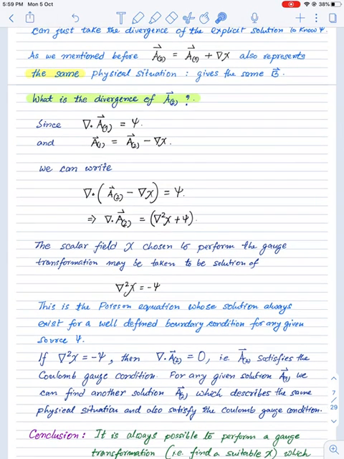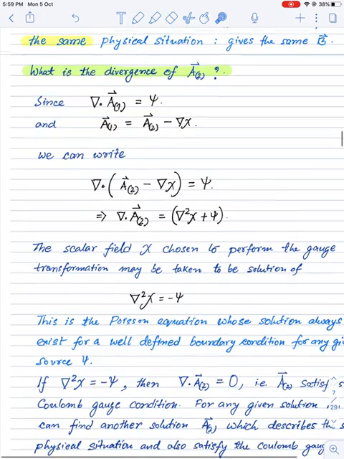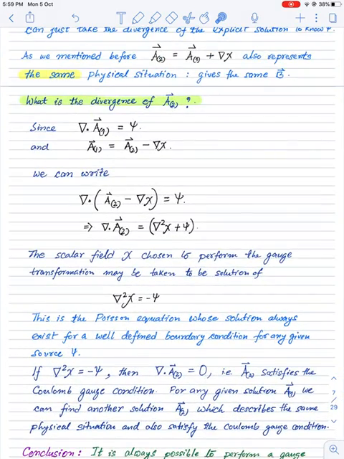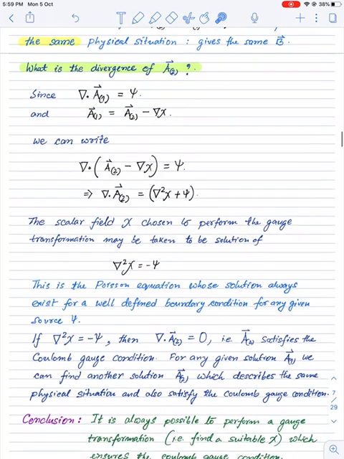Okay, so therefore the Coulomb gauge condition in magnetostatics not only can be chosen all the time, but it also fixes the gauge completely because of the uniqueness of the solution to the Laplace equation.